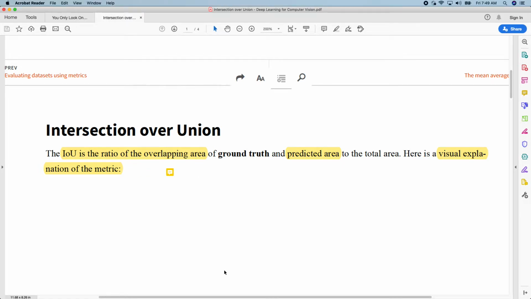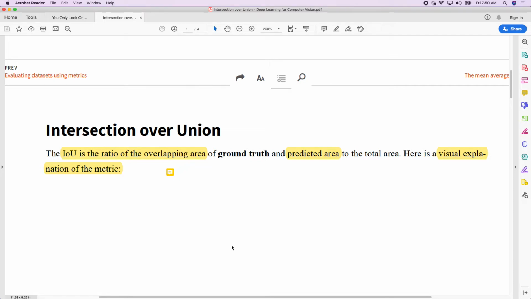It's just a ratio of your ground truth and your predicted area. When you're doing object detection, before you start your training, you will have annotated your object of interest by drawing a box around it. That box is your ground truth.